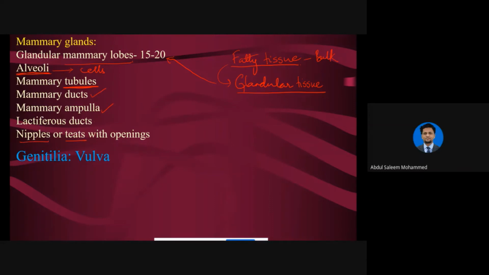There we can find a number of these lactiferous openings from where the secretions come out. So these glandular mammary lobes are the ones which secrete the secretions, which we call milk. And this is fed to the developing baby.